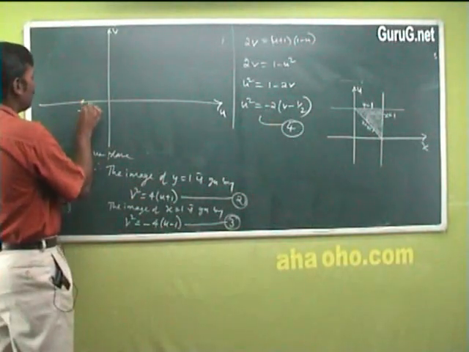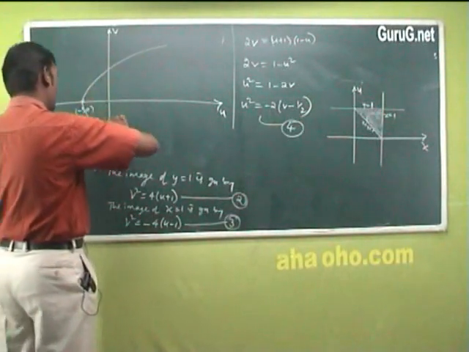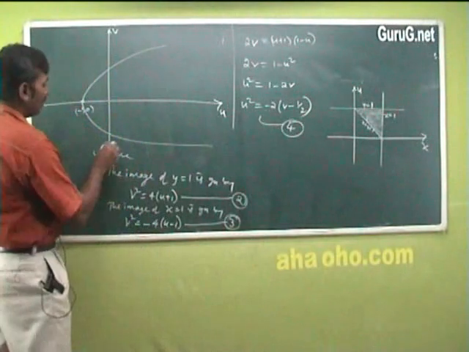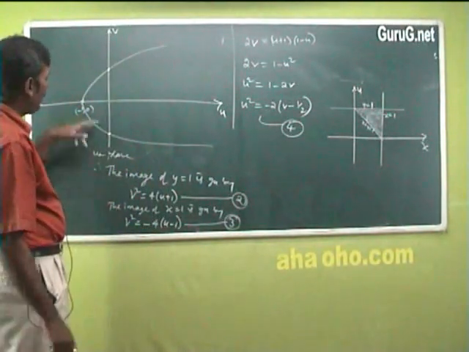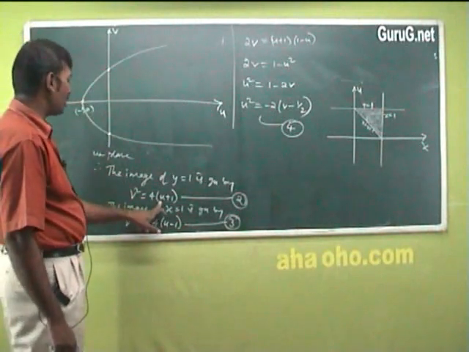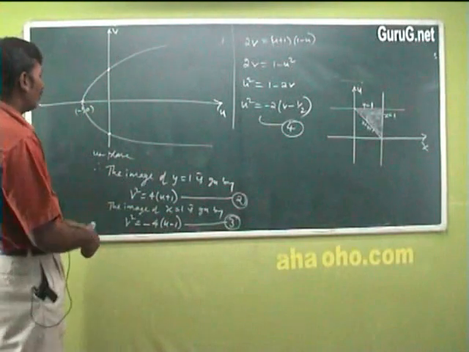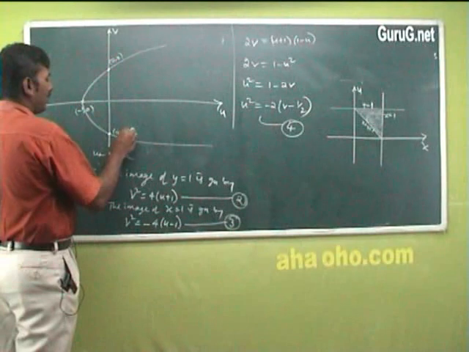This is the point minus 1, 0, which is right open. You may get it like this, right? What will be these points, where it cuts the v axis? Put u equal to 0. You may get 2, 0, 2 and 0, minus 2, right?